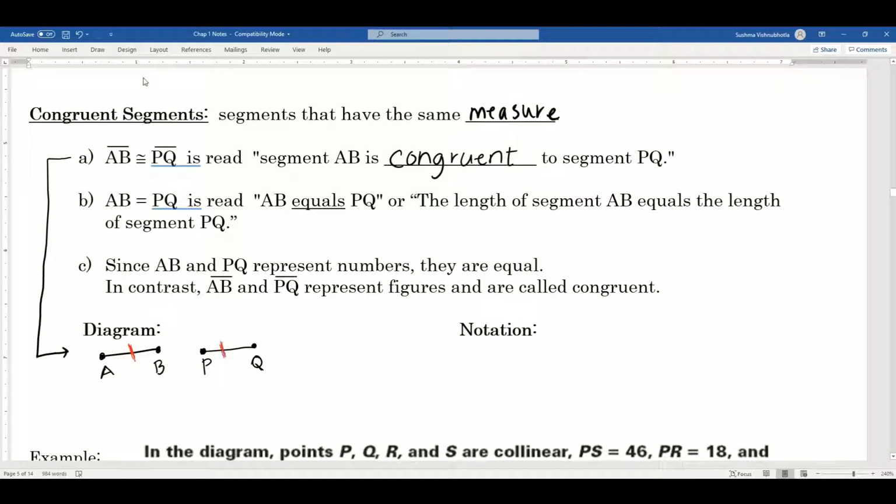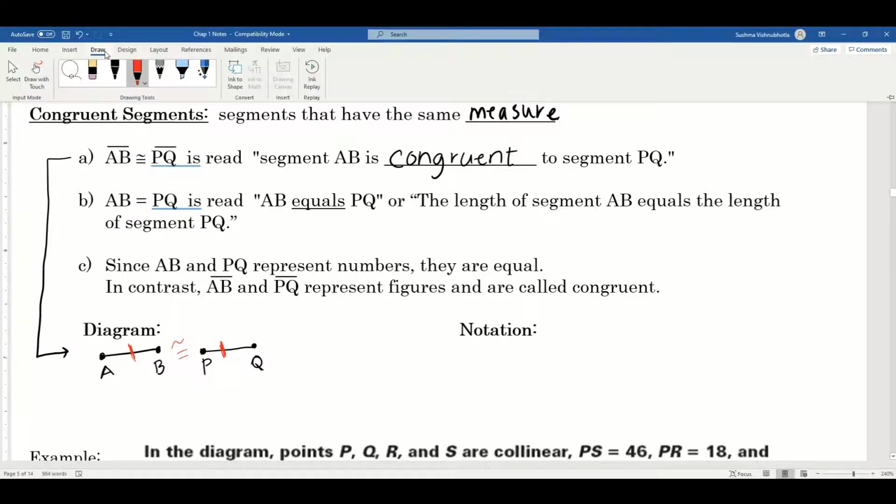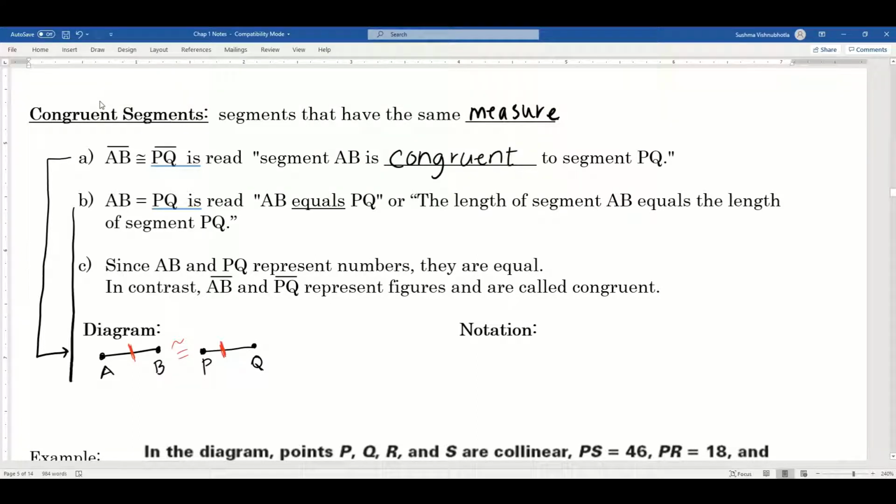So this tells me the length of this, I don't know what it is, is congruent to the length of this. Okay. Now, this symbol is new. You probably haven't seen it before geometry. The second statement here, AB is equal to PQ. You probably have seen it. You've seen quantities be equal to each other.